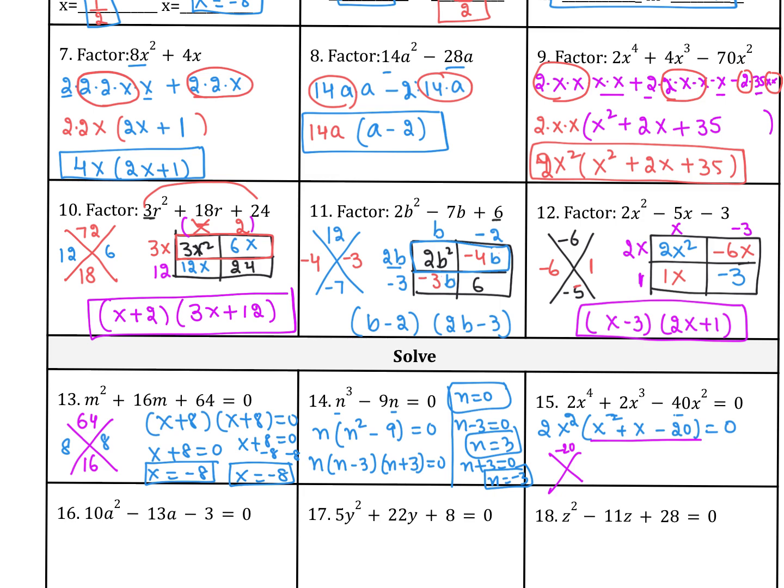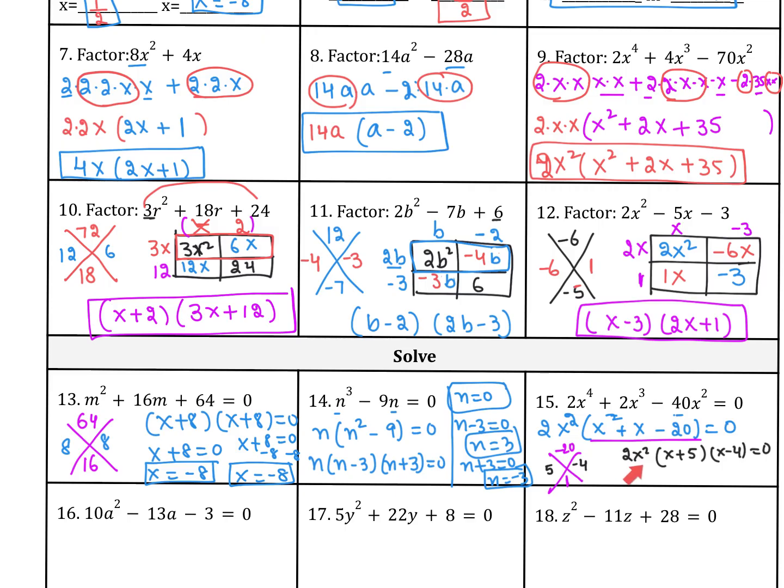On the top is -20, on the bottom is 1. The two numbers that you look for are going to be 5 and -4. So the complete factors are 2x squared outside and x plus 5 times x minus 4 equals 0.